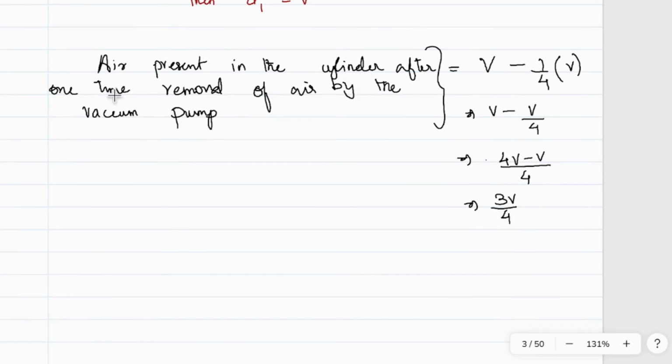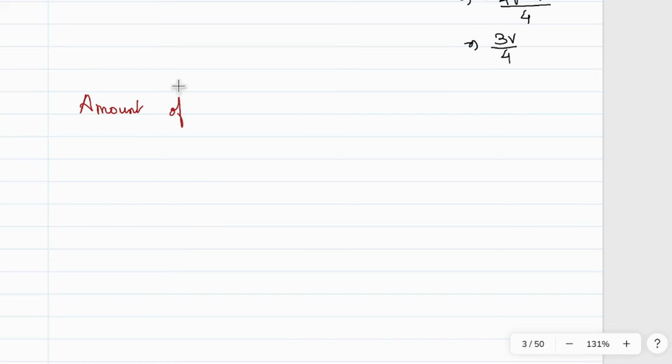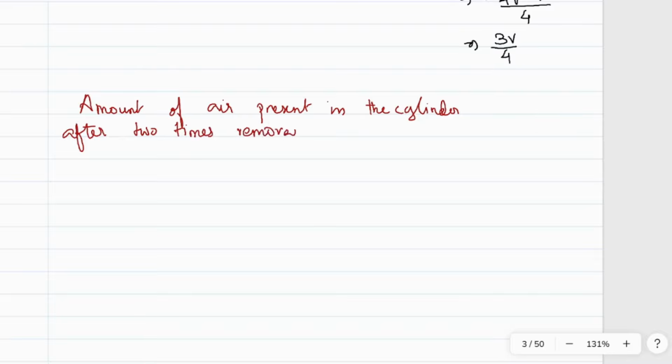Now this was the one-time removal. Now the next, two-time removal, means the amount of air present in the cylinder after two times removal of air by the vacuum pump.